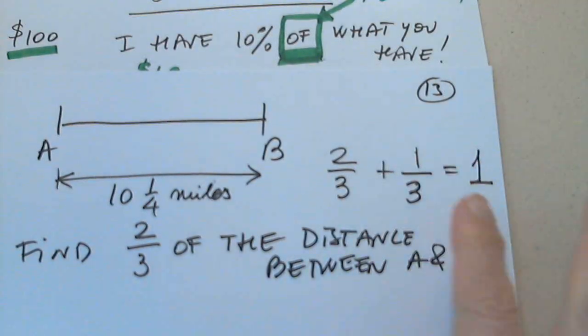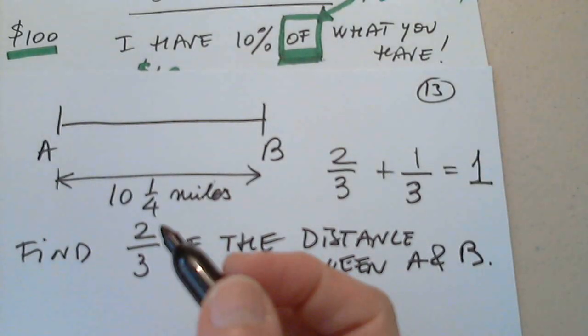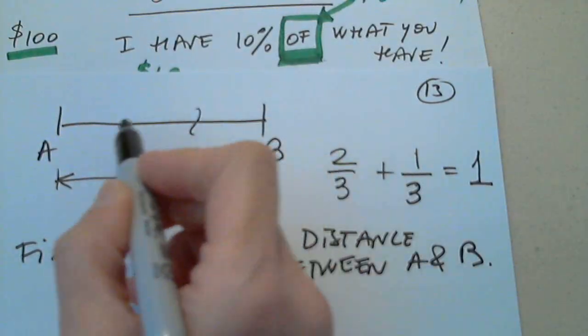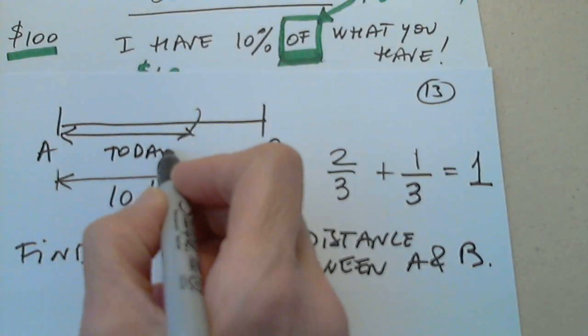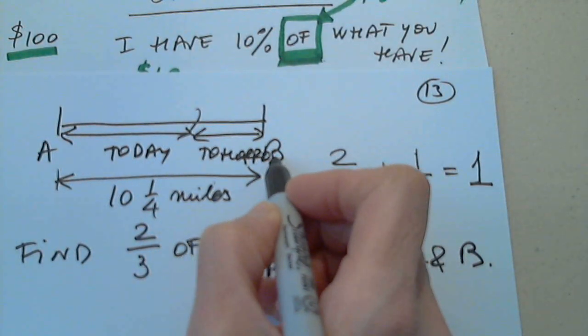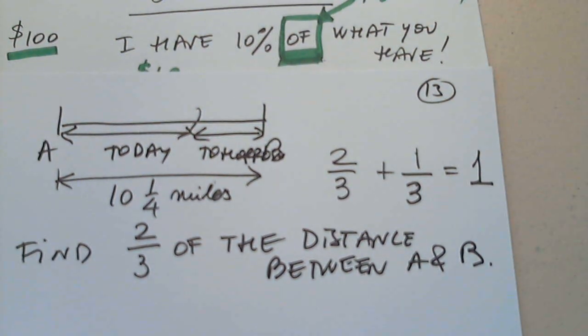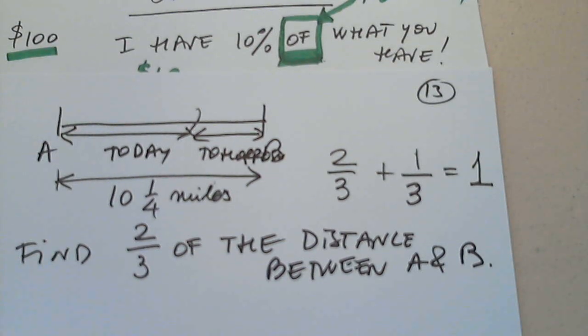Do we understand this concept of 2/3 and 1/3? That will be the rest. Is that okay? Yes? Perfect. So I'm asked to find what is the distance. So this is the 2/3 today, and this is tomorrow. So I know the distance, and I want to determine how long I have to drive today.